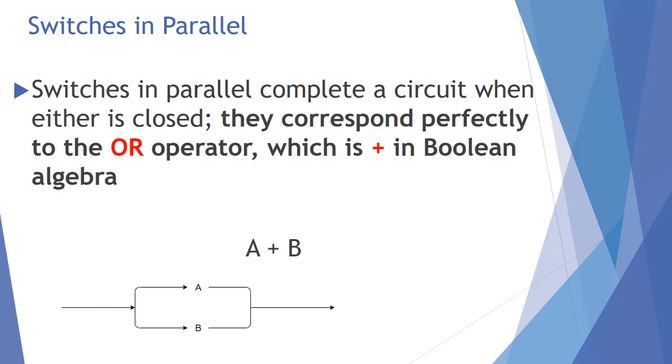So this is one of our two fundamental relationships for today. Switches in parallel, like they're shown on your screen here, when the two switches run side by side, switches A and B, we would say that either A or B conducts electricity, or in terms of Boolean algebra, we would say that's A plus B, since you know that the Boolean operation of addition corresponds to an OR condition.